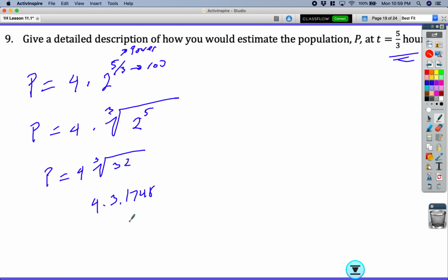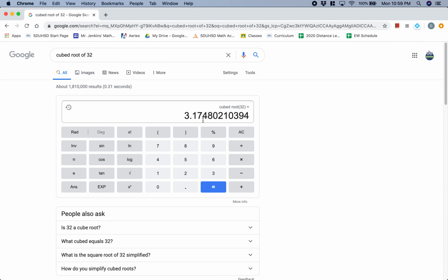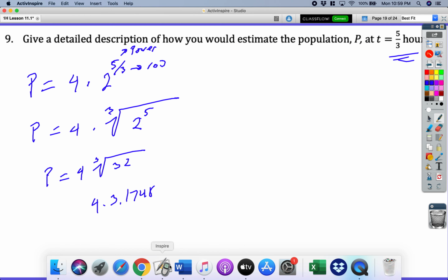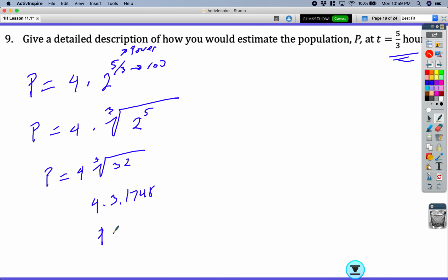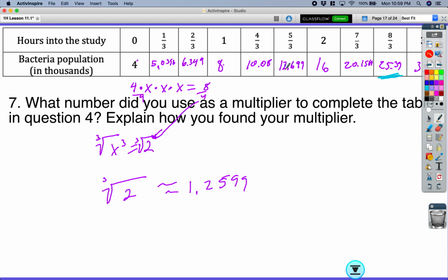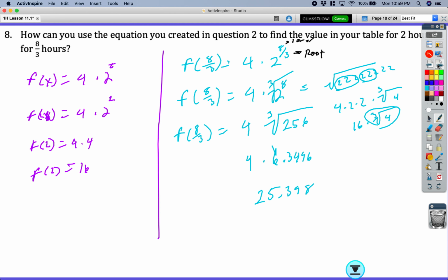And then when I multiply these values together, I can just bring it up right here. Go ahead then and multiply this by 4. And I'll get 12.699, just like I did on my table before. So right here, I would get the population of 12.699. And if you go ahead and look at the table like I did before, here we go, 12.699.